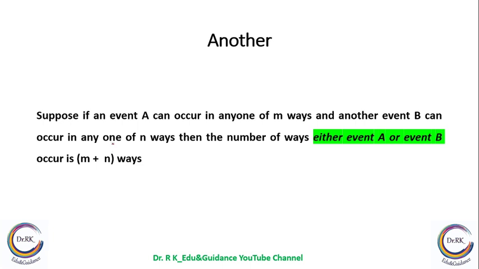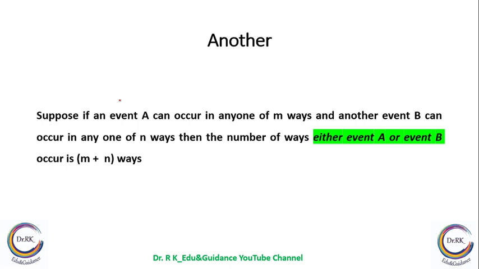Now the same in another form. In the earlier two cases we discussed the happening of both events together, either A event as well as B event happening together, so m into n or n1 into n2 into n3 and so on comes into picture.